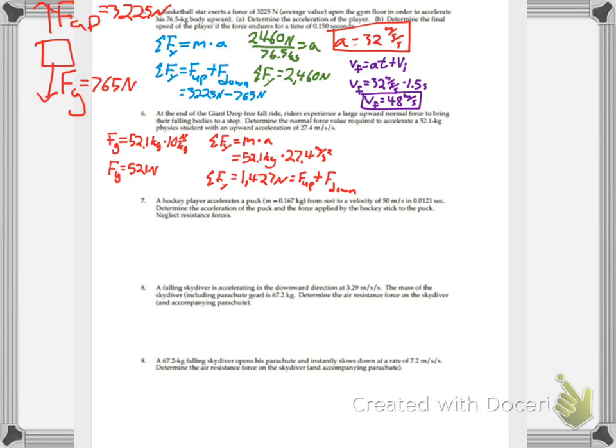So this up force, the normal force, will then be 1,427 plus 521 newtons, and this will equal our normal force. So after doing that calculation, we see that our normal force is 1,948 newtons.